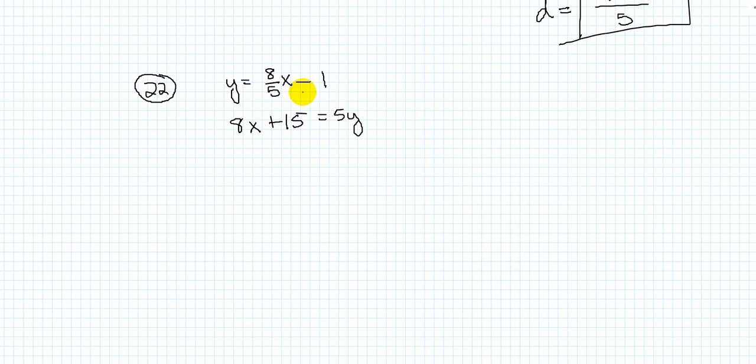And if x equals 0, y equals -1 for that line. So we got 0, -1. That means I got to put this one in standard form.